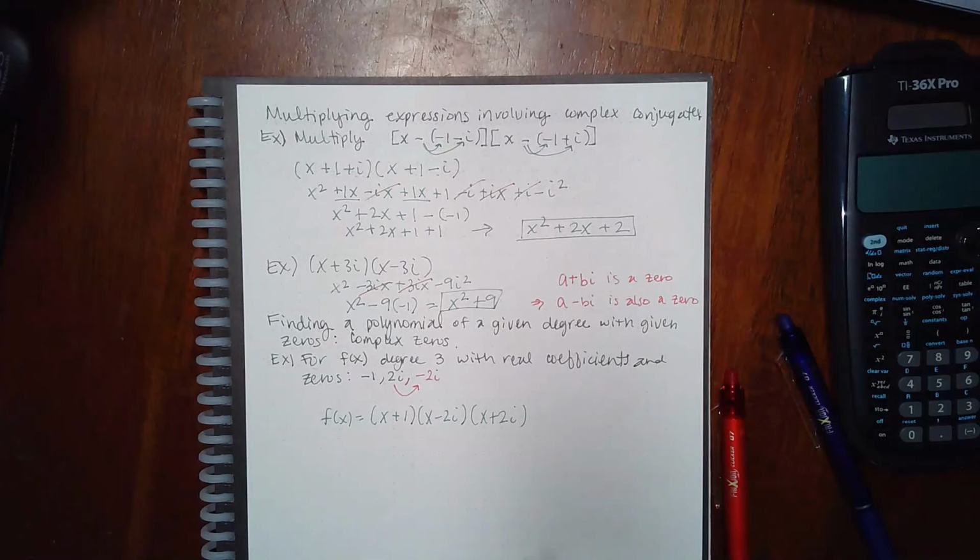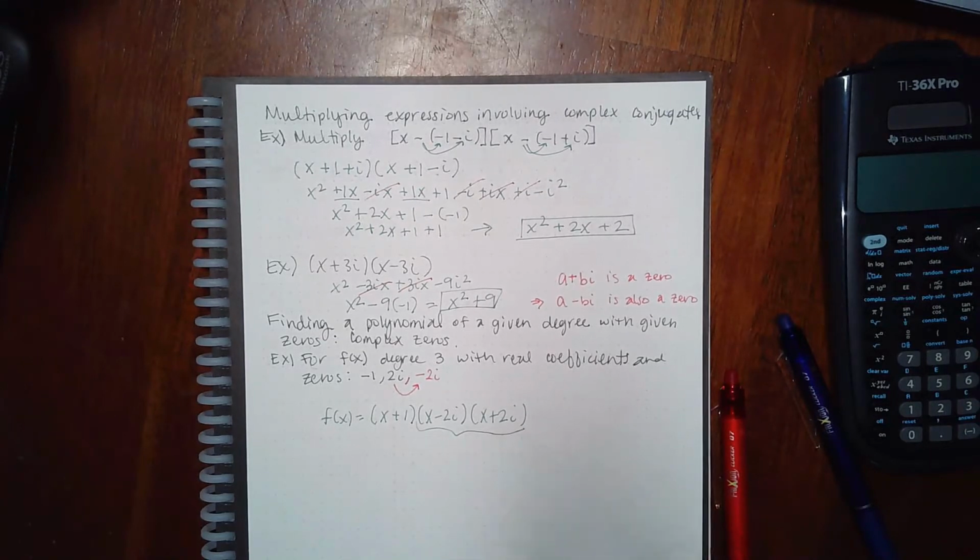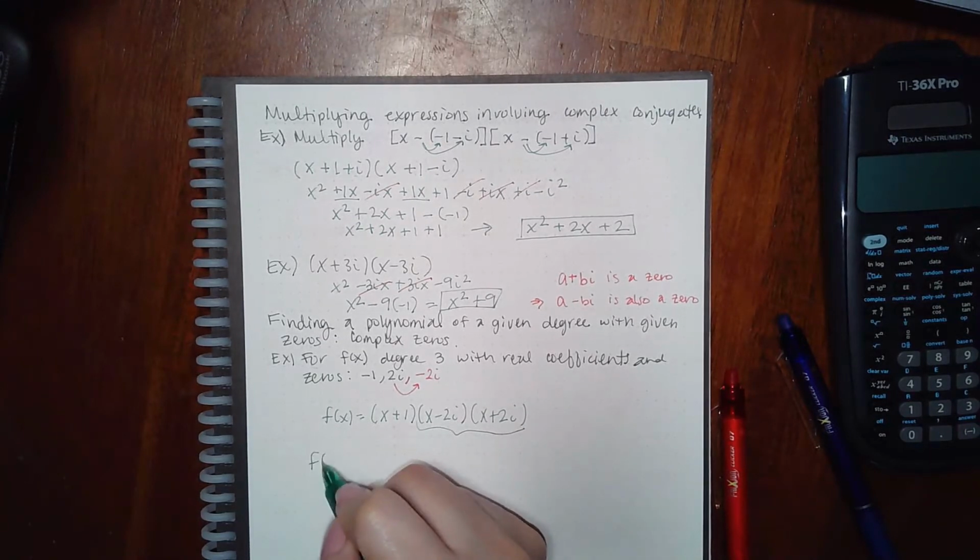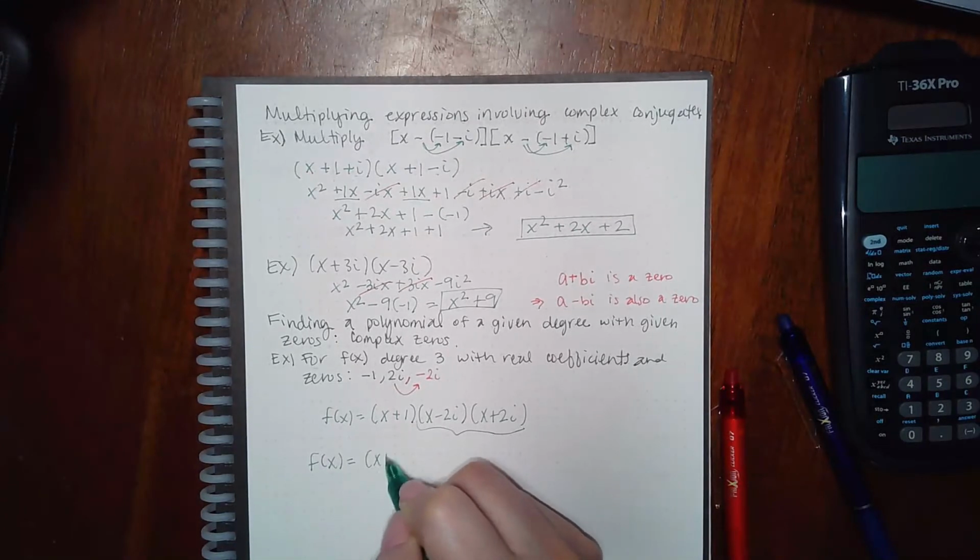Now I do need to multiply all of this out because they do want me to write it with real coefficients. Right now I don't have real numbers in here. The best way to do that when you're multiplying these out is to multiply the conjugate factors together first and then multiply the other factor. So I want to multiply these first, and I'll multiply the other one, x plus 1, later.